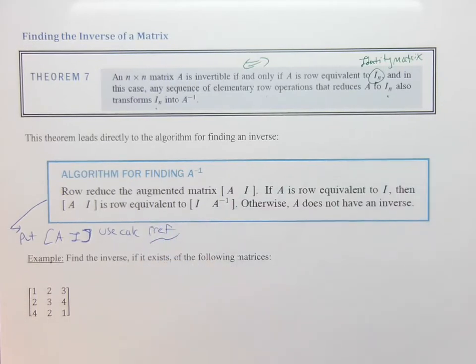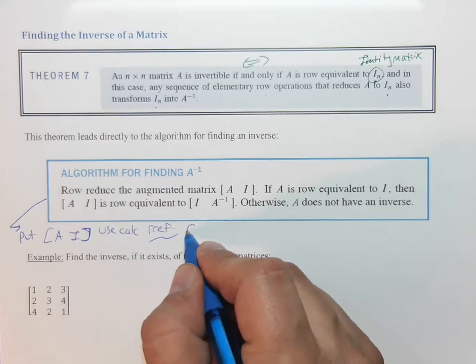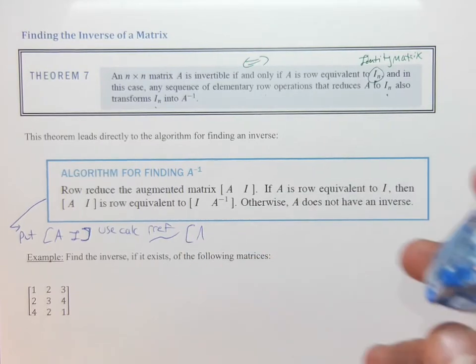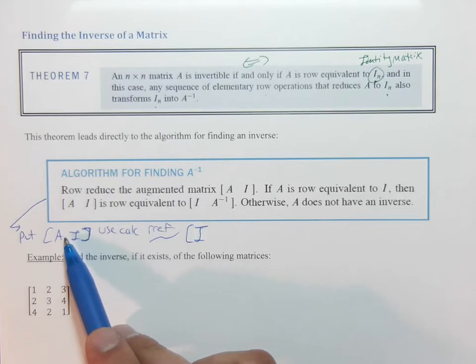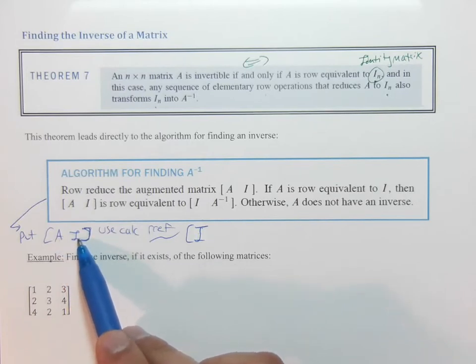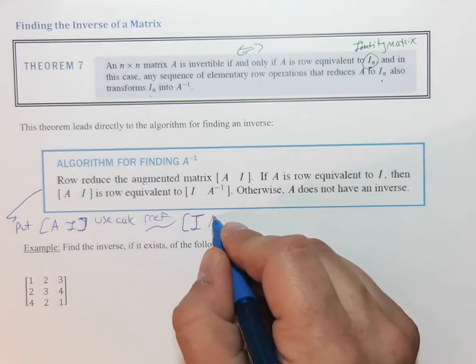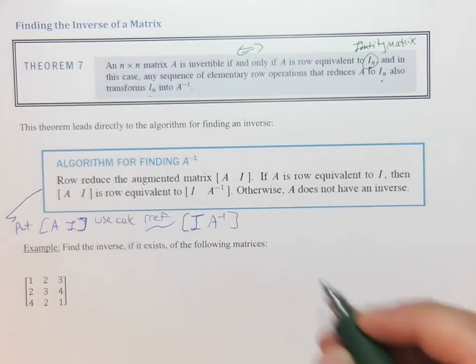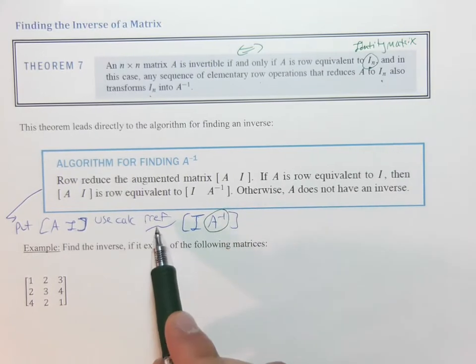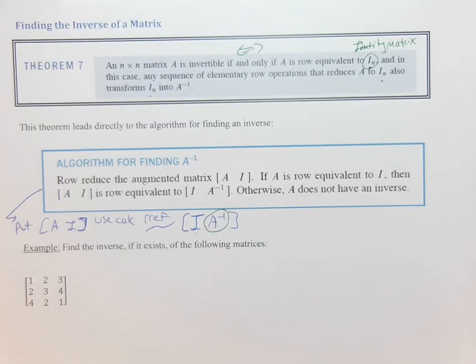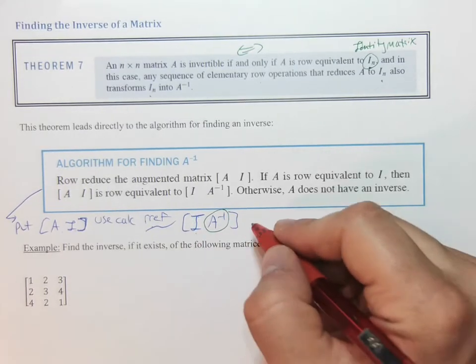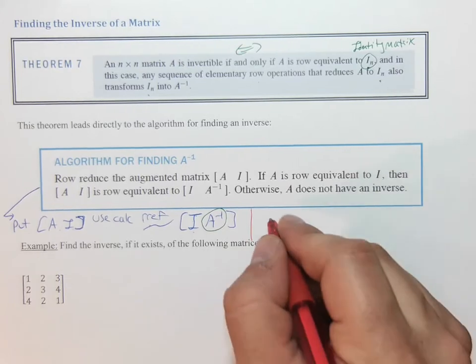If there's an inverse, A is going to change into I. Now, since I is also in the matrix with A, it's also going to apply those row operations to I, and so I will change into the inverse. You just literally put it in your calculator like this, hit row reduce, and it'll spit out I and then the inverse.